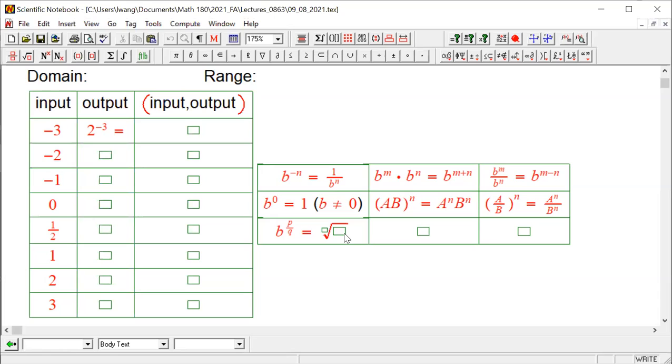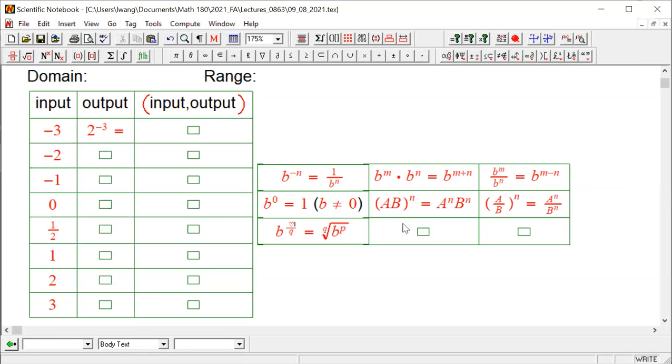So basically it says b, the base, goes inside the radical notation. The denominator goes here. And the numerator goes to the power. You guys follow me?